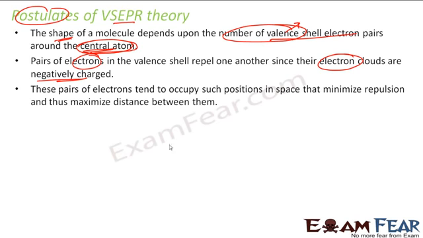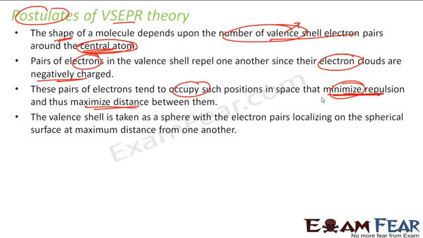And they tend to occupy positions in such a way that they minimize repulsion. So they minimize repulsion and maximize distance between them, and thus reduce their energy. Here also, energy is like a stress and they want to reduce stress, and they can do this by getting to a position where the repulsion is minimum and the distance is maximum, right?